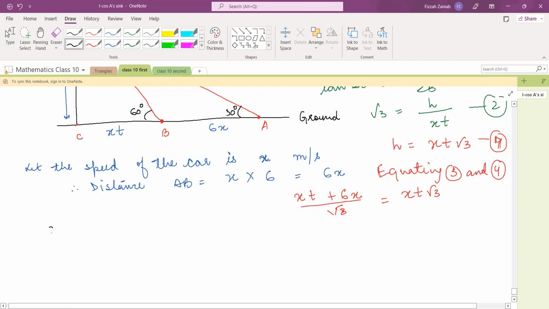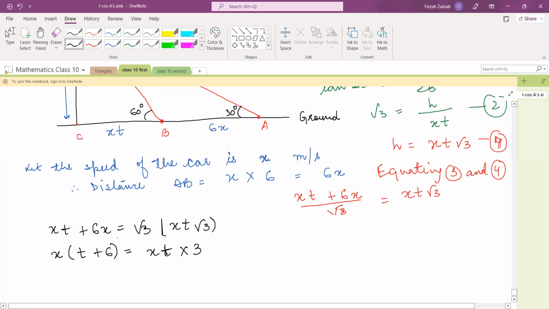So if I just solve it, XT plus 6X is equal to, now you cross multiply, under root 3 multiplied by XT into under root 3, right? So I can take X common, you can see. So T plus 6 I have is equal to, now you multiply under root 3, so it is XT into 3, right? Root 3 into root 3 becomes 3, correct?